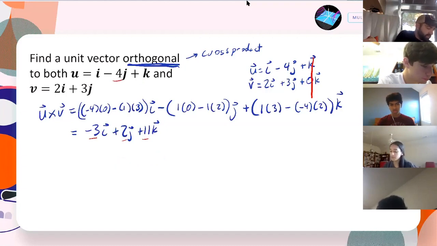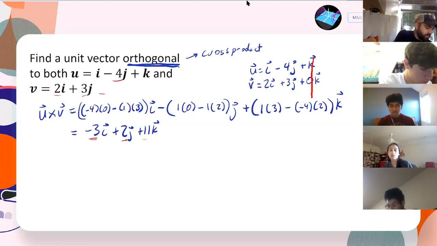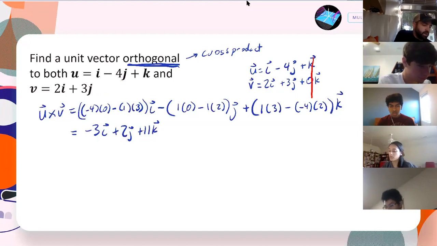And then if I did the same thing with v, I'd have -3 times 2, and then 2 times 3, and then 11 times 0, and I get 0. So I can quickly verify that it is orthogonal to both. If I take a dot product, I'm going to get 0 both times. Okay, so it's easy to make a mistake doing a cross product, but it's somewhat easy to find that mistake. Okay, so that's answering the orthogonal piece.